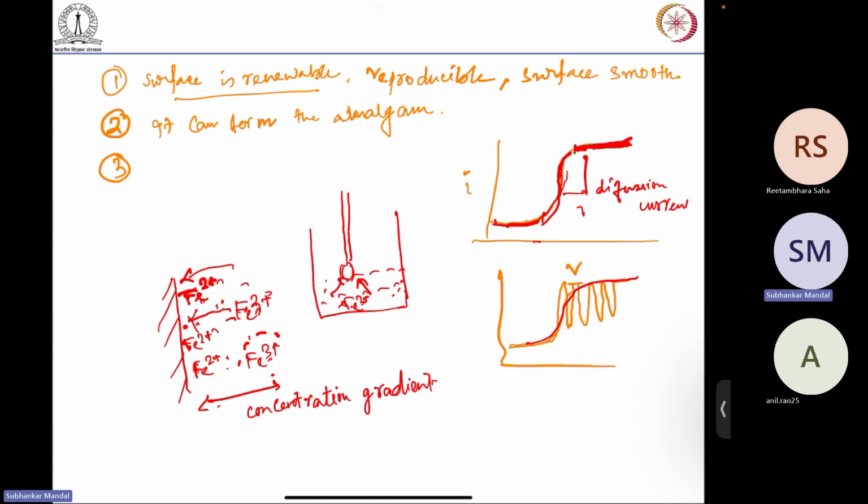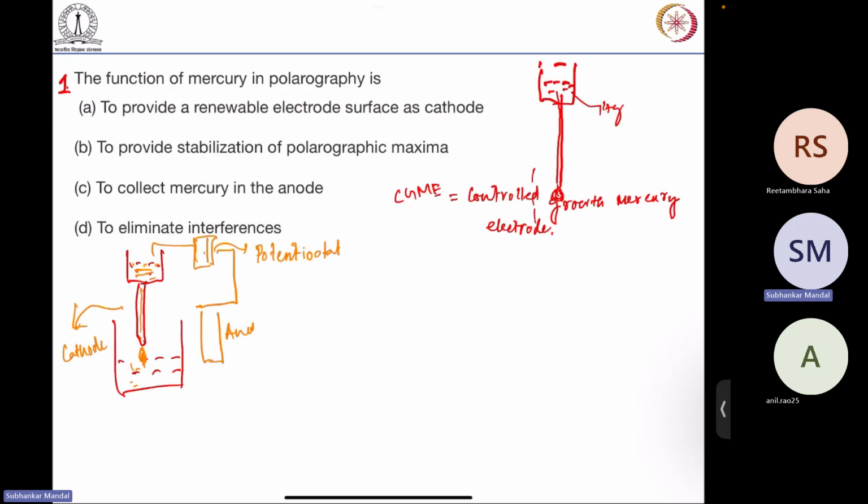That's why a steady line comes, and with time it will slowly increase a little bit, but it is almost a steady state current. Because from the bulk solution to your electrode surface, Fe3+ is continuously going. Okay, so that is the thing. Now we can discuss the question.